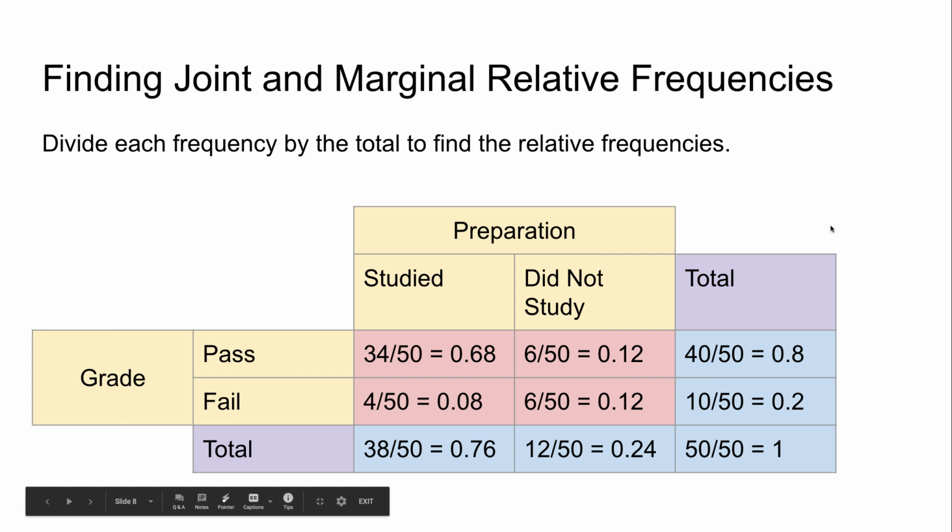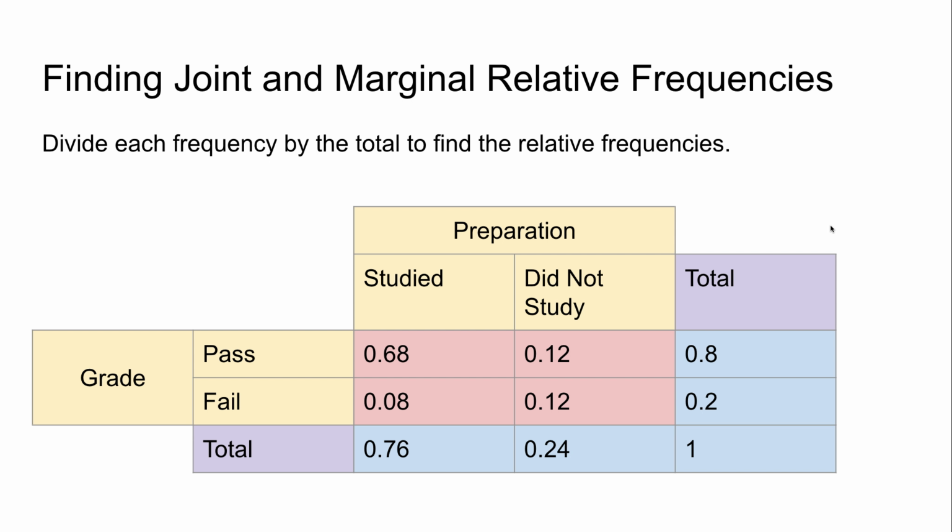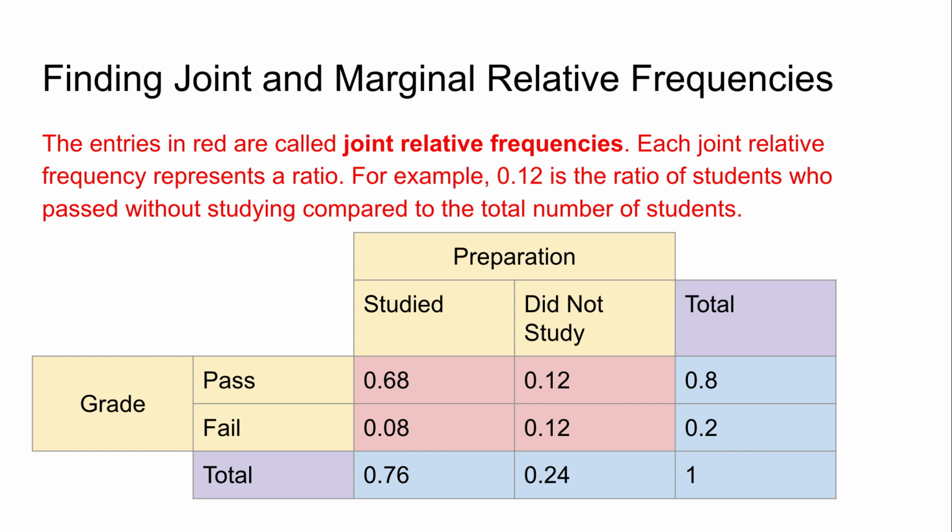Now, we still separate it into joint and marginal. So here's our table without the work shown. This is just the results, the relative frequencies. We still call the ones in red joint, and now it's joint relative frequencies because they're relative frequencies.